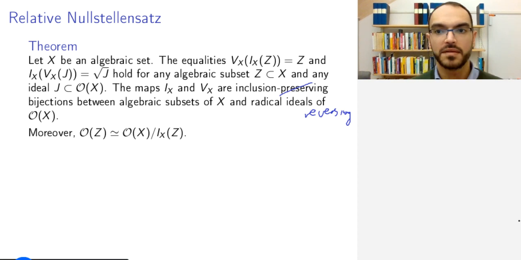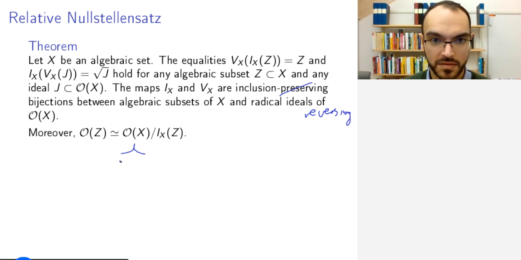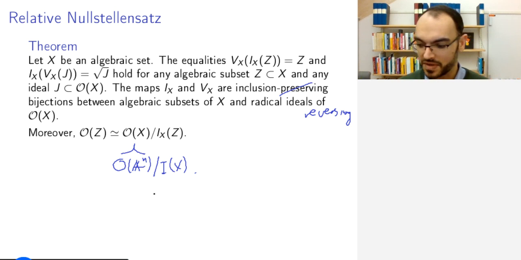Moreover, the coordinate ring of Z is the quotient of the coordinate ring of X by the relative vanishing ideal of Z. You can deduce this algebraically, because this is the coordinate ring of the affine space quotient I of X, and look closer at the relations of the ideals and so on.